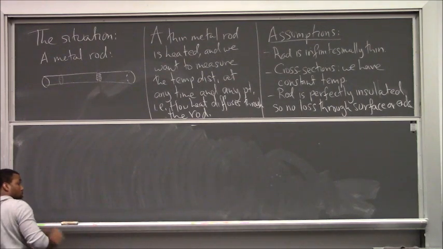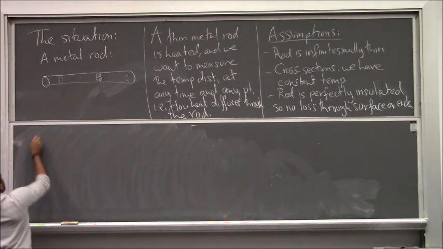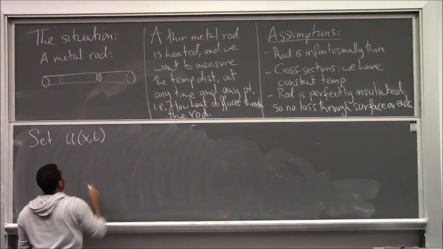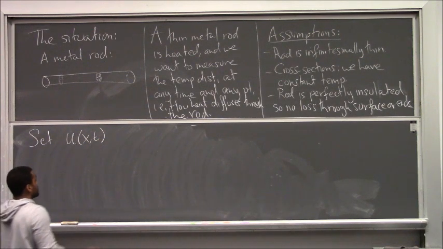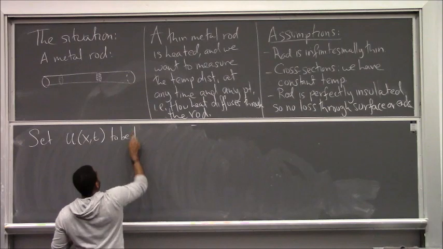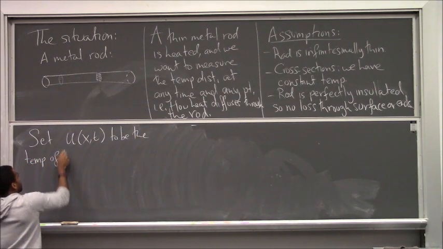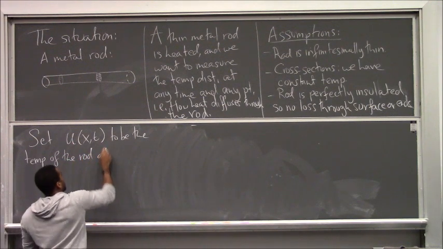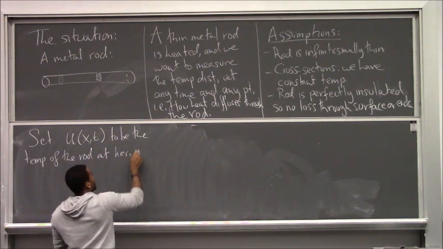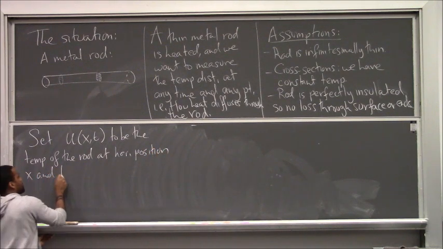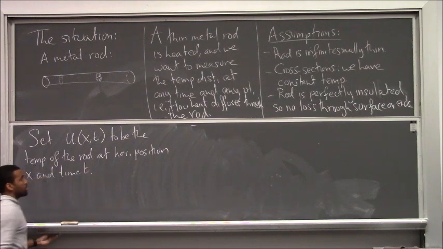So, what we're going to do is set a function that we call u of 2 variables, u of x, t, to be the temperature of the rod at horizontal position x and time t. Right? So at any given time, I can find some x position along this rod.